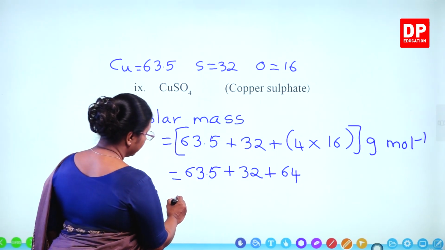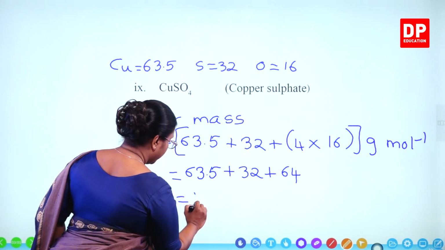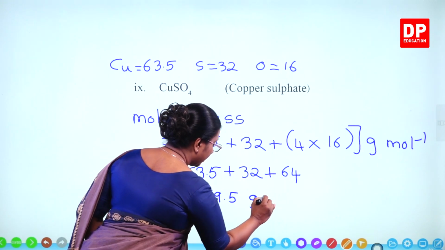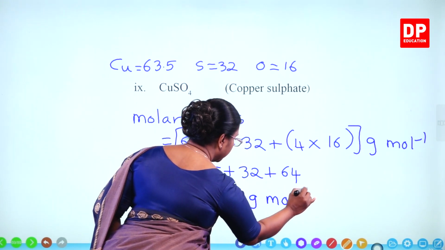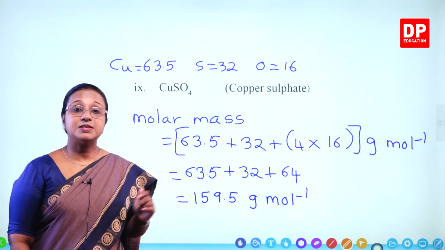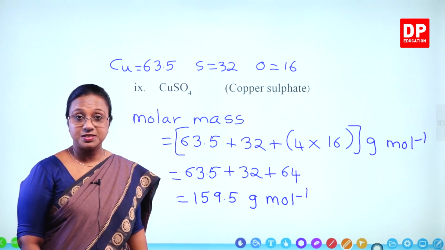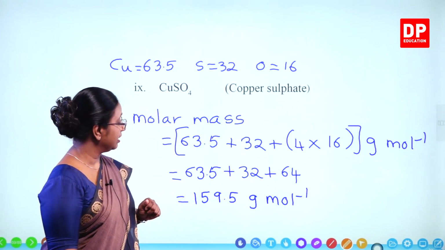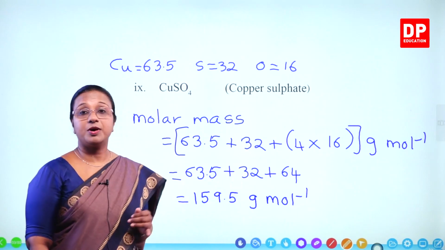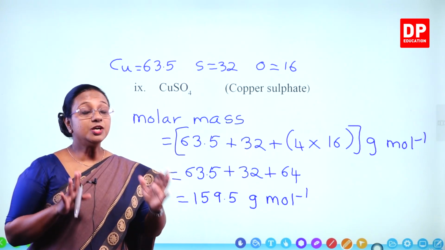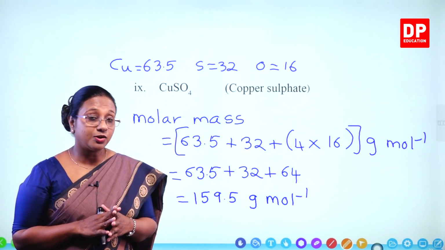So here the value will become 159.5 grams per mole. So those are the molar masses of different substances. Copper sulfate, when you calculate, you get the value as 159.5 grams per mole. I am sure you were able to calculate all these.